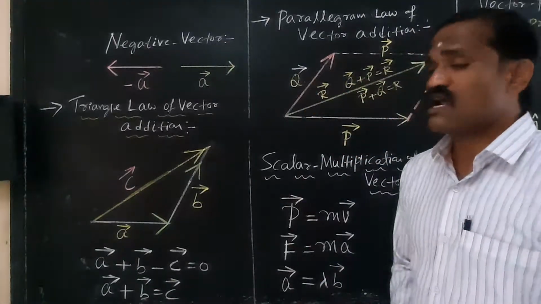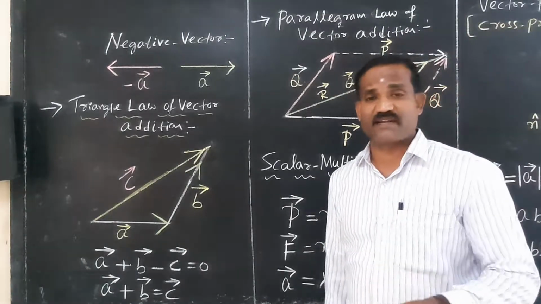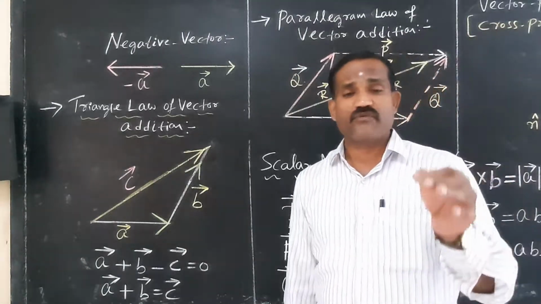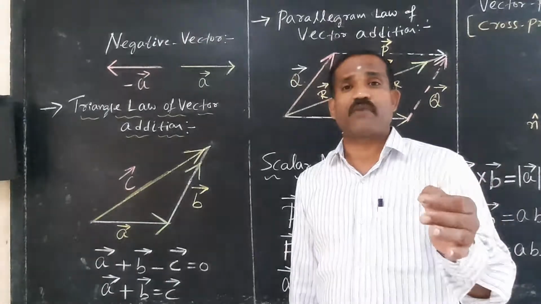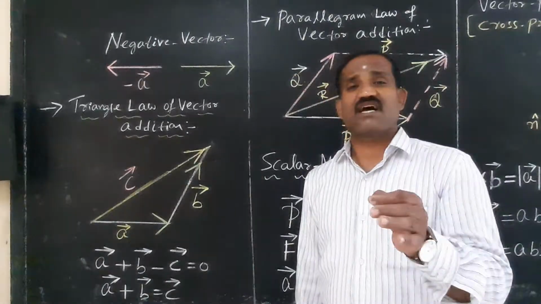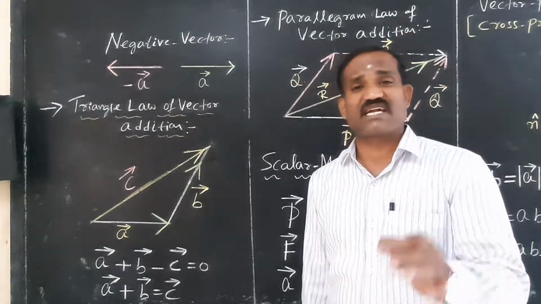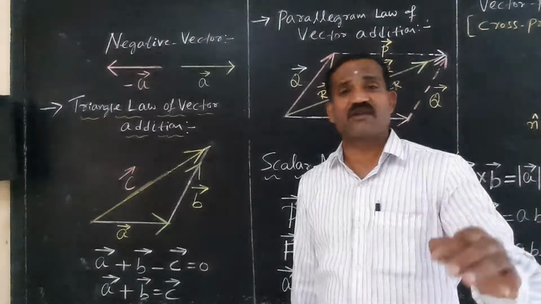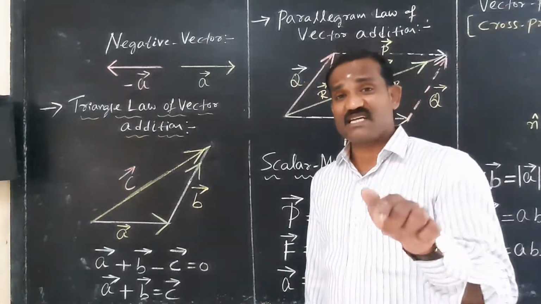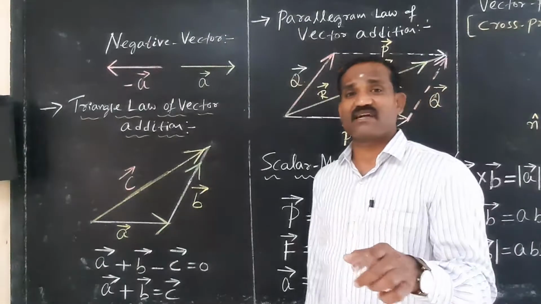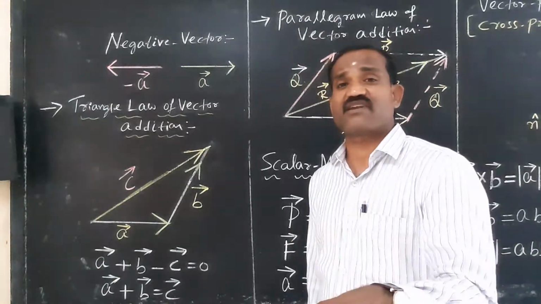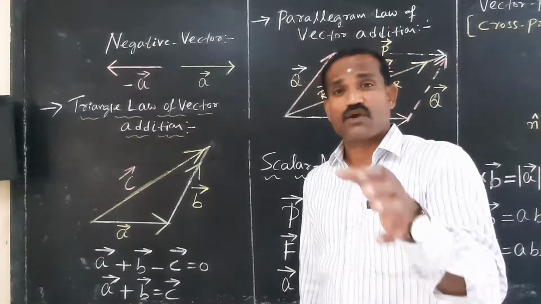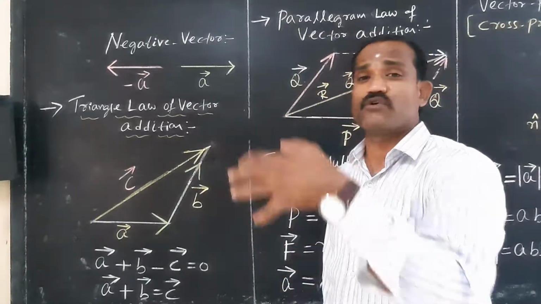This is what is called the triangle law of vector addition. What is the statement? If two vectors which represent both magnitude and direction are acting along the two adjacent sides of a triangle, taken in a particular order, in a particular direction, the resultant vector is taken along the closing side of the triangle, in the opposite direction.